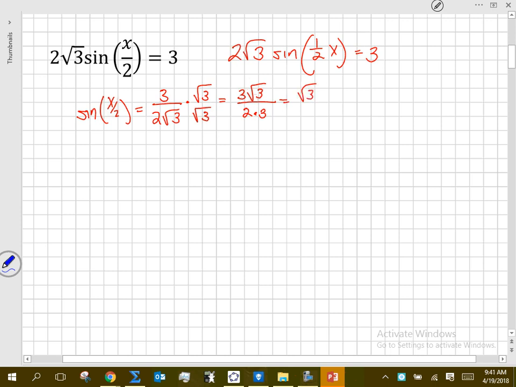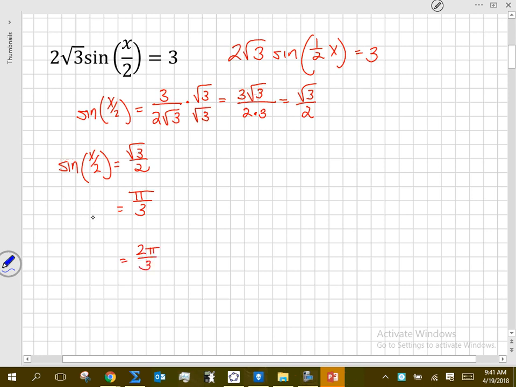Radical 3 over 2. So again, we're asking the question, when is the sine of x over 2 equal to root 3 over 2? Okay, so let's go back to the same thing we did in the last question. When sine is radical 3 over 2, pi over 3 and 2 pi over 3, good.